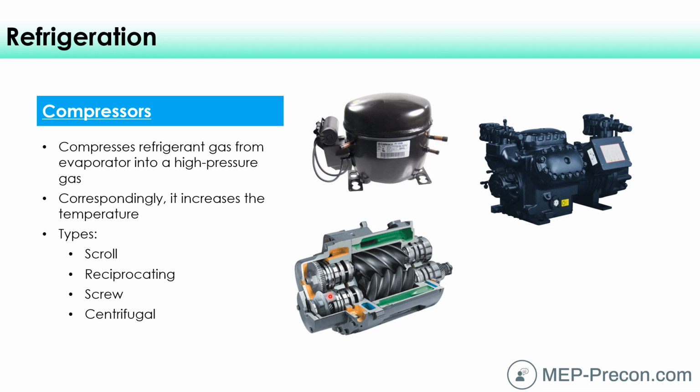The reciprocating could go up to 70, 80, maybe 90 tons. And then screw compressors, the range for those is typically maybe 70 to 130, 150 tons, something like that.